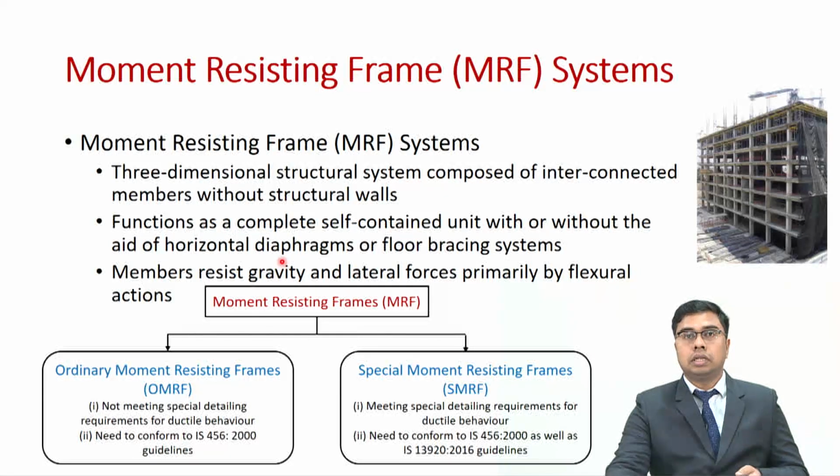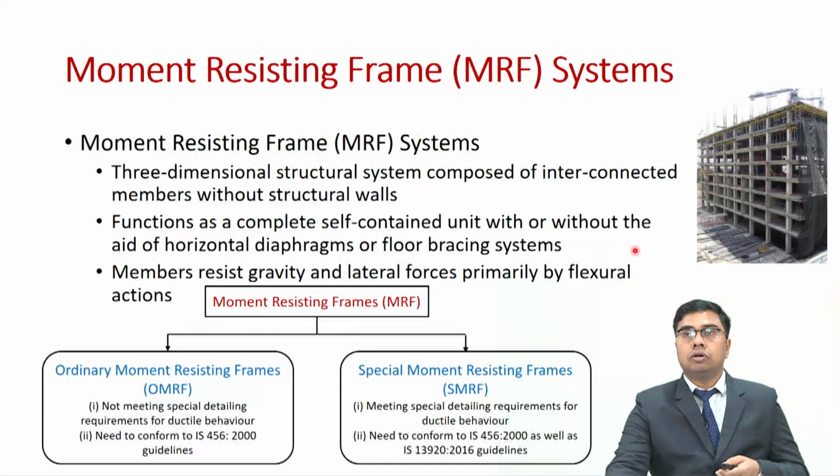There can be slabs which are available in most cases. There can be some segments where there is no slab or a discontinuous slab, for example in case of staircase. Floor bracing systems comprise some structural braces in the slab. These are commonly used when you have large spans, when you need large column free spaces.